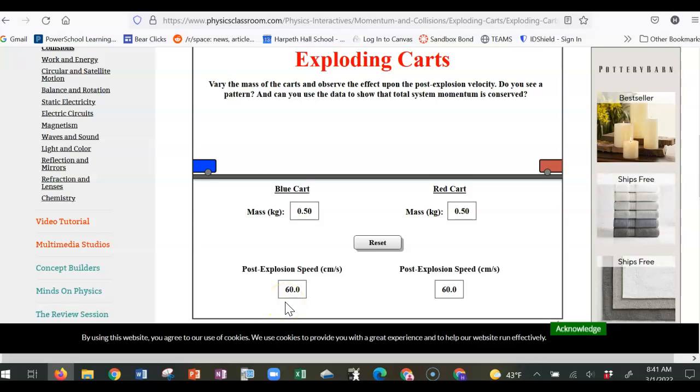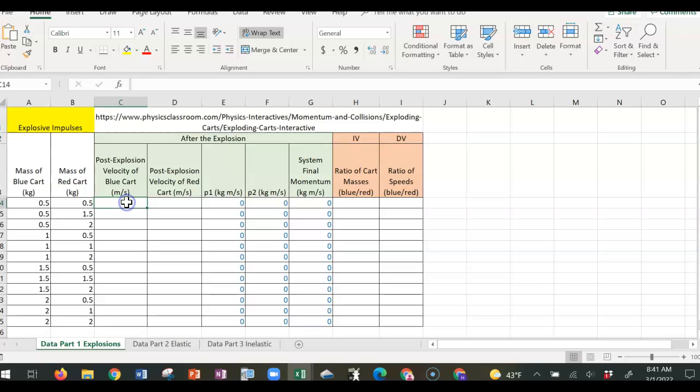Okay, so I'm going in my table to record the blue cart's velocity as negative 0.6, right? Because I made it negative since it's moving to the left, and I divided the 60 by 100. The red cart was moving at a positive 0.6. Okay, so I've recorded that data.